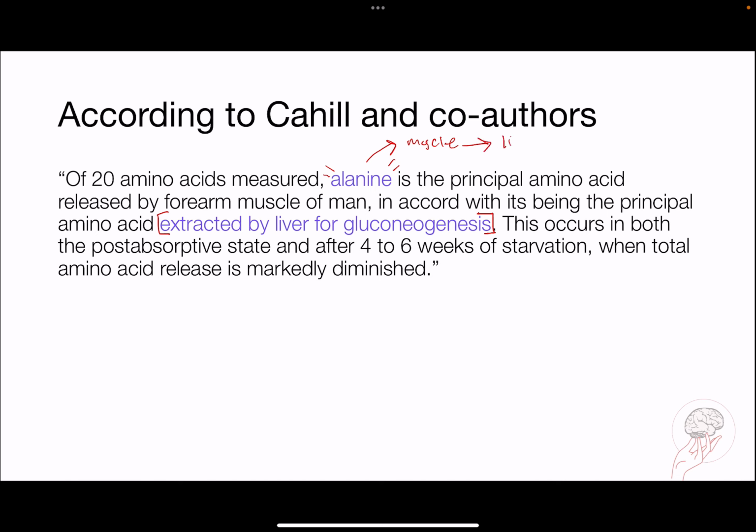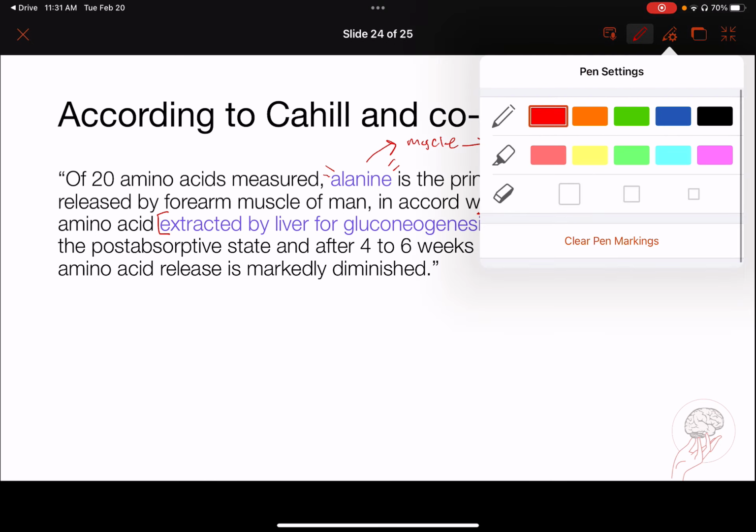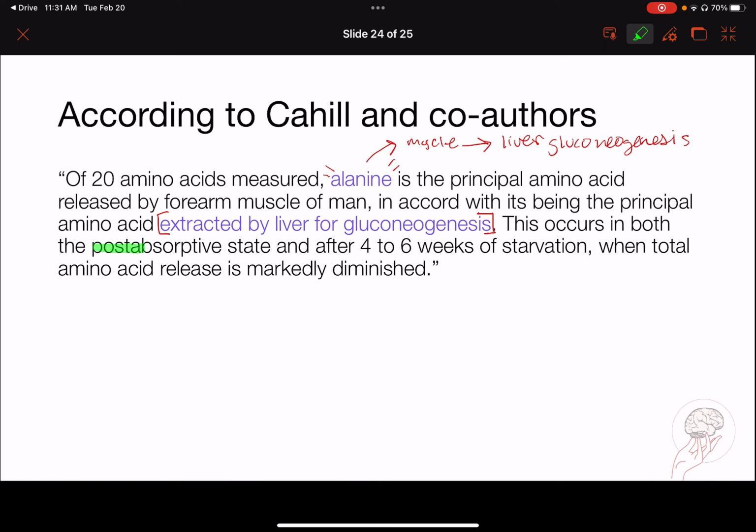It goes to the liver for gluconeogenesis. And this occurs in the post-absorptive state, aka fasting, and after 4 to 6 weeks of starvation. After that, amino acid release is markedly diminished. Basically, we start to run out of muscle.